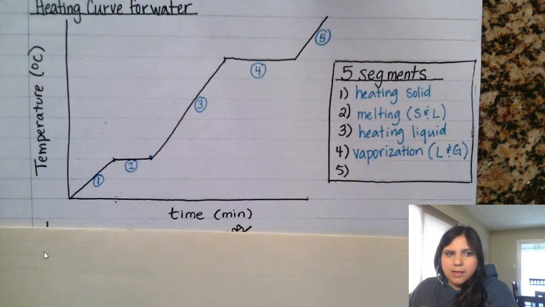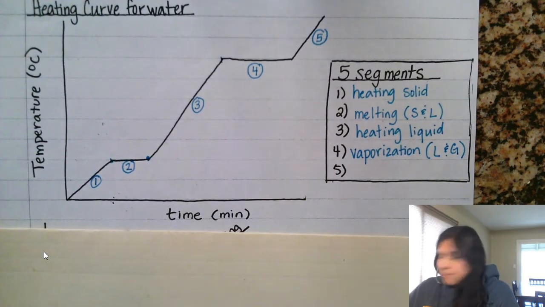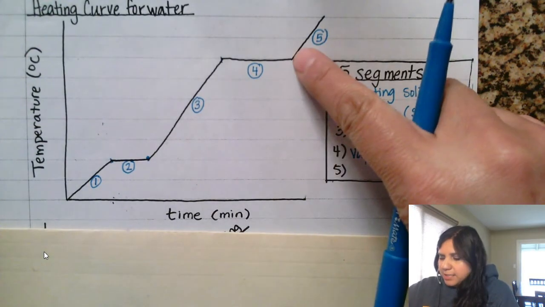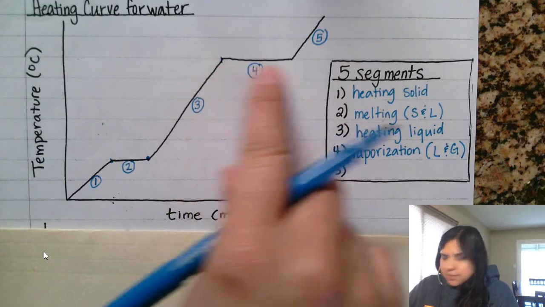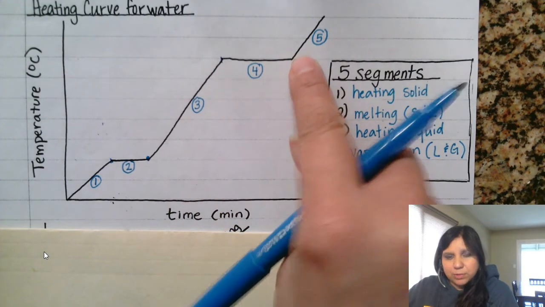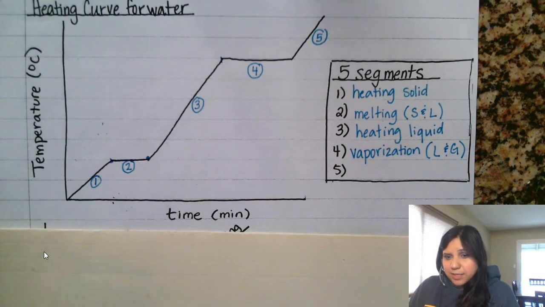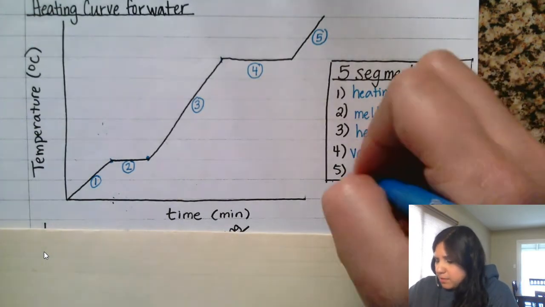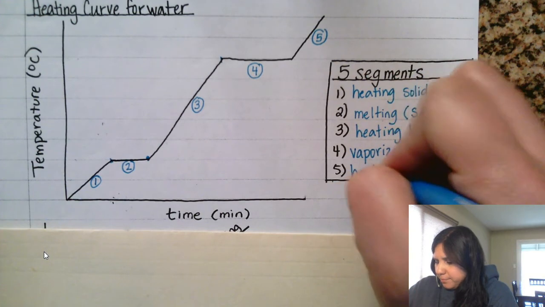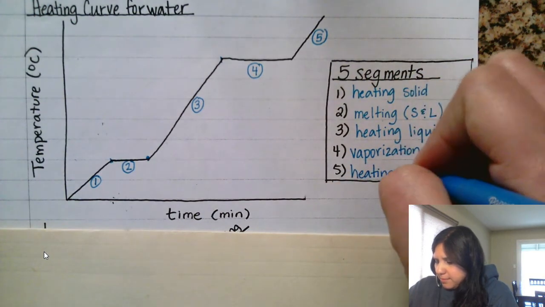All right. Then in step 5, right here, it's just gas. So after it finishes this segment, now it's just gas, and we're applying heat to that gas. Remember, we're keeping it in a closed container so the gas particles can't escape. So we're heating gas.